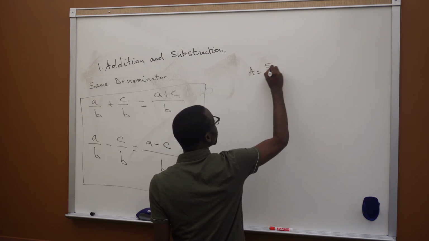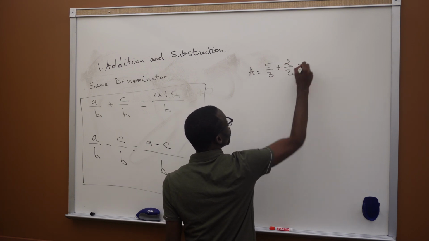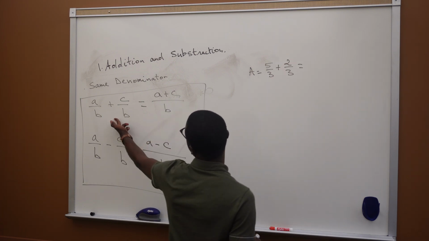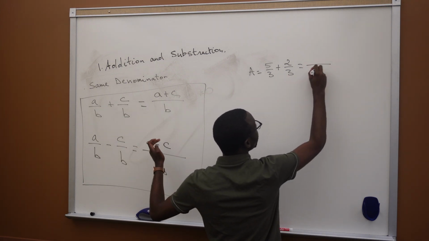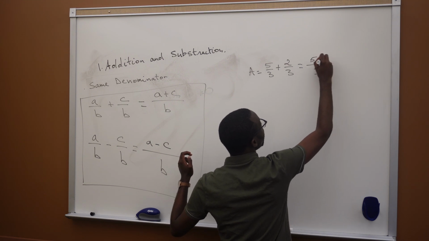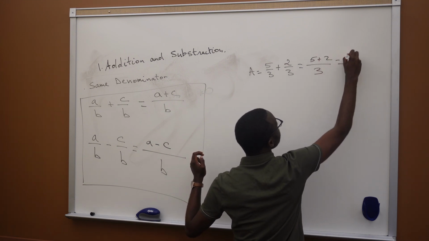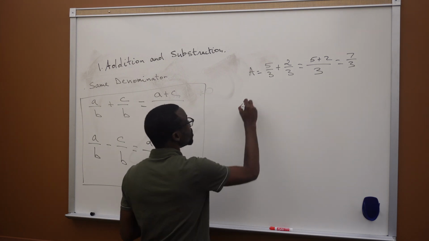5 over 3 plus 2 over 3. Like I said earlier, in this case they have the same denominator. So I just keep it as it is, and then I do 5 plus 2, which becomes 7 over 3. This middle step is very important.